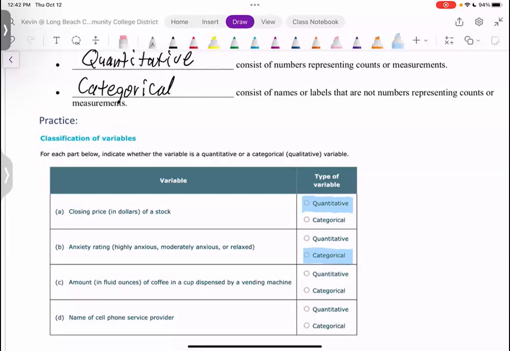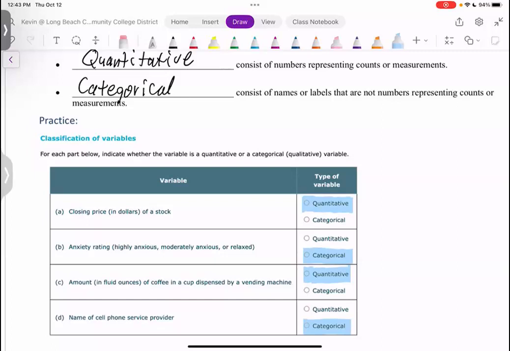The amount in fluid ounces of coffee in a cup dispensed by a vending machine. That's going to be quantitative because that's a quantity because it's in fluid ounces. So it's a measurable quantity. And part D is the name of a cell phone service provider. That's definitely categorical. There aren't really any meaningful numbers that would be associated with that.